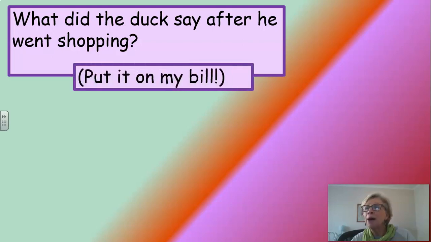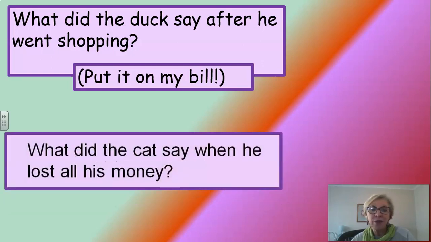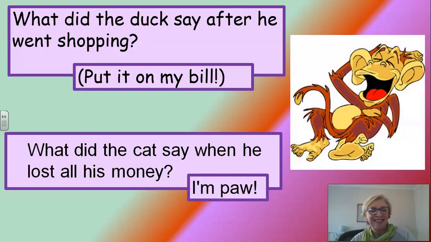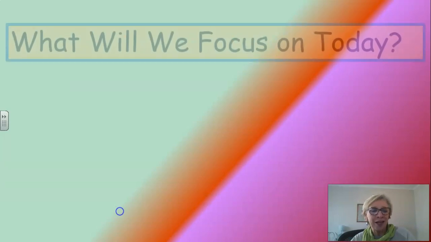Put it on my bill, which is an account, or bring me my bill, as when you've had a restaurant meal, you ask for the bill and they bring it for you to pay. The next one is, what did the cat say when he lost all his money? I'm poor. So there we are. Finished with our funnies for the day.